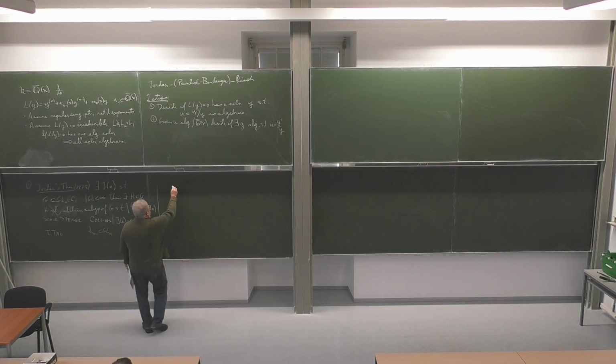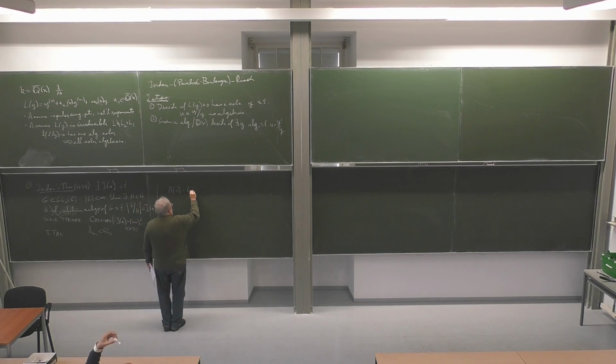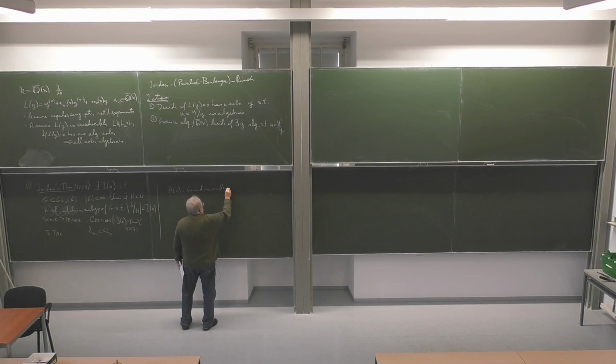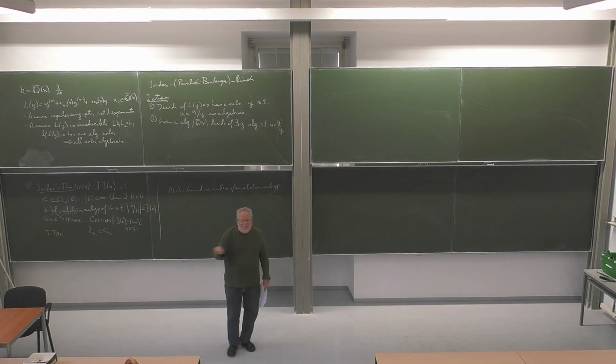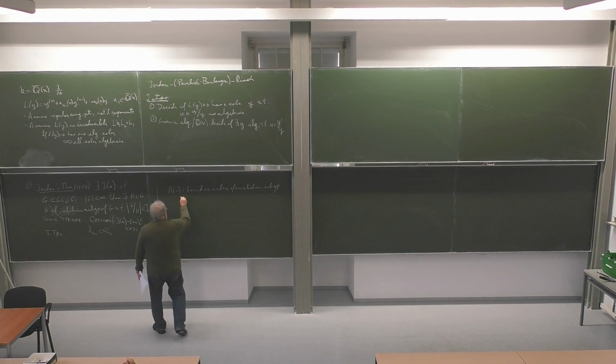So I'm going to say A of n is the bound on the index of an abelian subgroup. I mean, there are lots of them. You take any element, it generates an abelian subgroup. And of course, A of n is less than or equal to this.